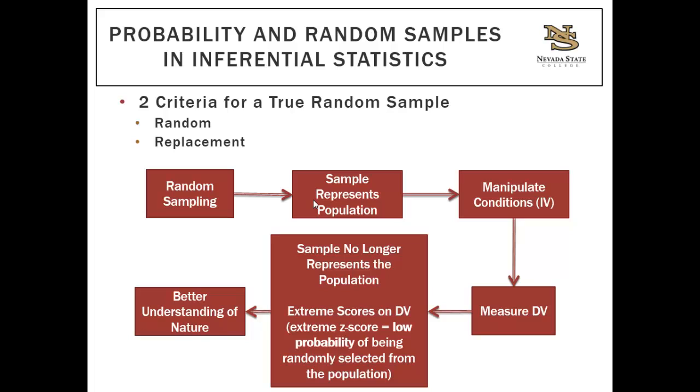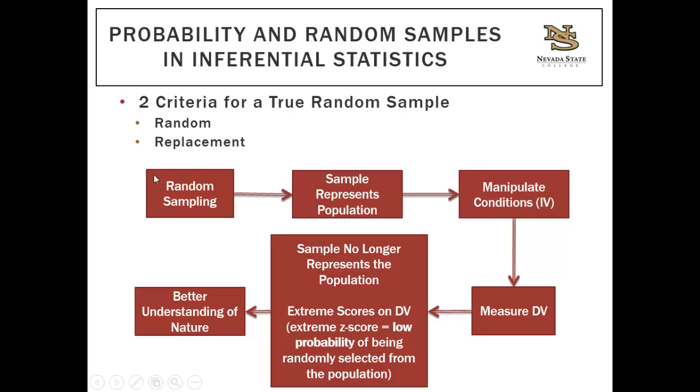So if you're measuring a dependent variable, you are assuming that whatever they have for their dependent variable, your sample looks pretty similar to the population. So then, if you're doing an experiment, you can manipulate some conditions. For instance, let's say that we want to look at a drug study and how drugs impact pain.